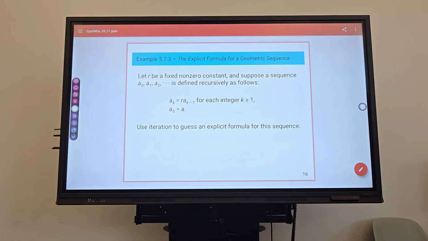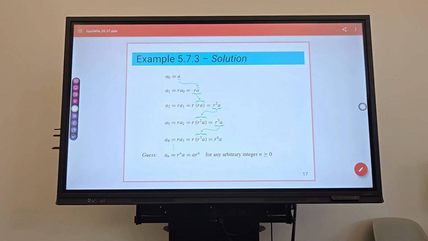Use iteration to guess the explicit formula for this sequence. Now, it would be A, then RA, then R squared A, then R cubed A. So it looks like the guess would be A sub n would be R to the n times A, or A R to the n.